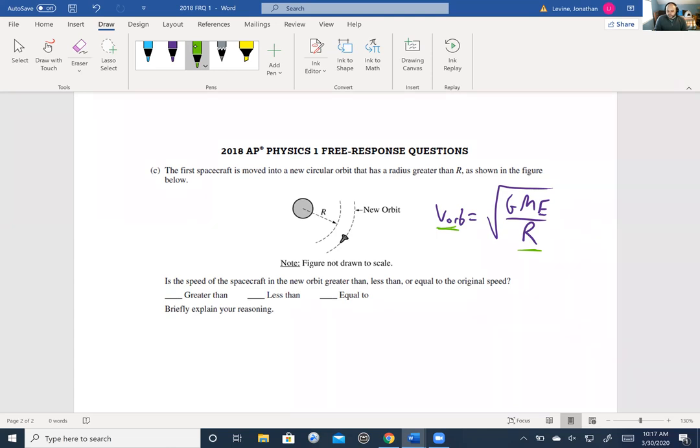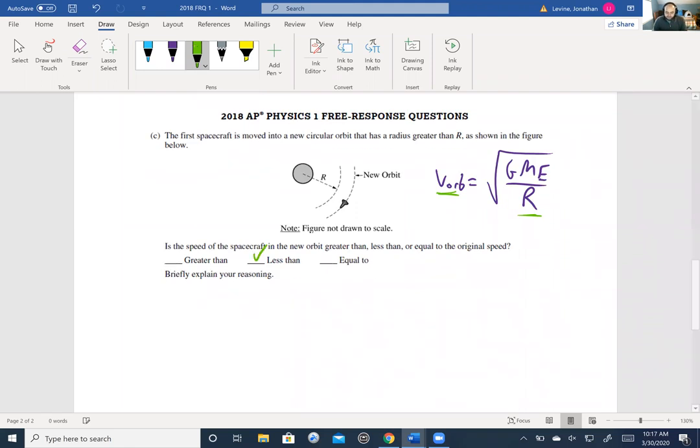So as a result, your orbital velocity will decrease, meaning that the further away you are, and think about it in terms of forces, if gravity is your centripetal force, gravity is going to be pulling on you with a weaker amount. It's going to be less forceful the further out you go, which means that to maintain an orbit further away, you actually need less speed than to maintain an orbit close to Earth. So we'll say that it is less than.